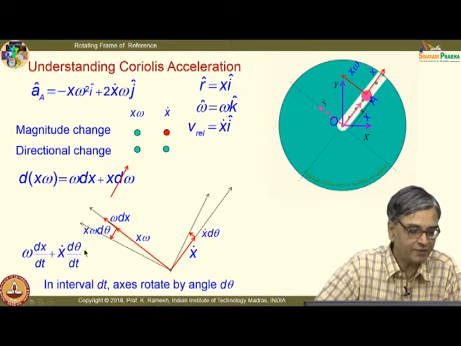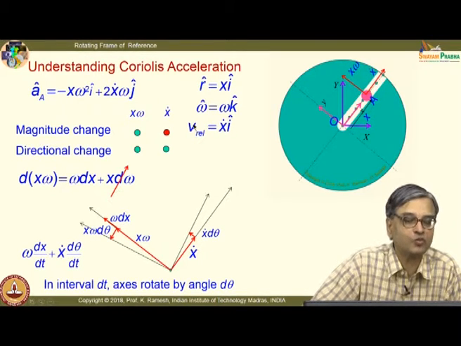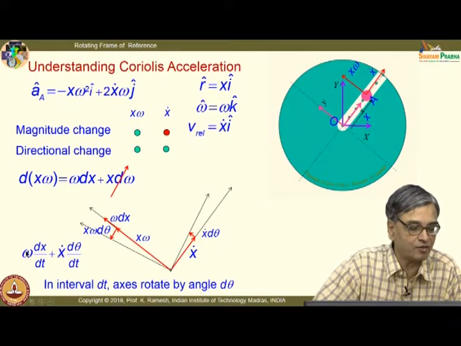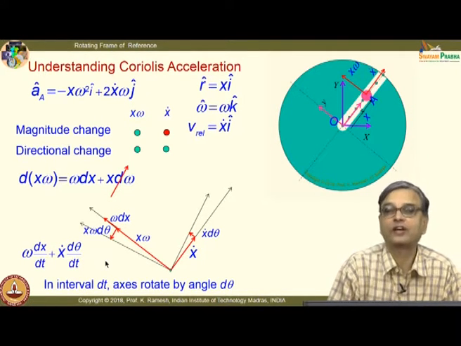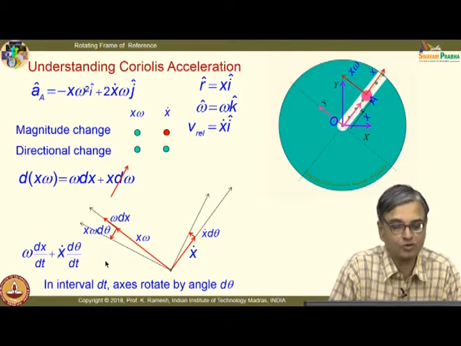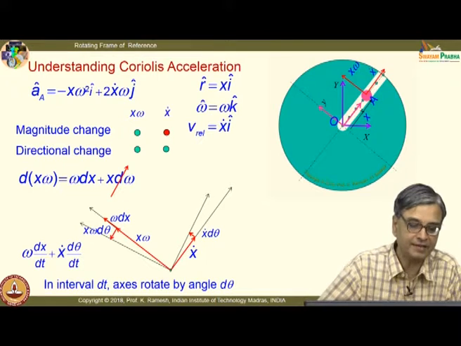So, when you differentiate with respect to time, I have theta dot x dot and x dot theta dot, that is what you got here. I can refer to this as x dot omega and x dot omega. This is what you are not able to see when you are sitting on the rotating frame of reference. That has contributed to the Coriolis acceleration. Fine.